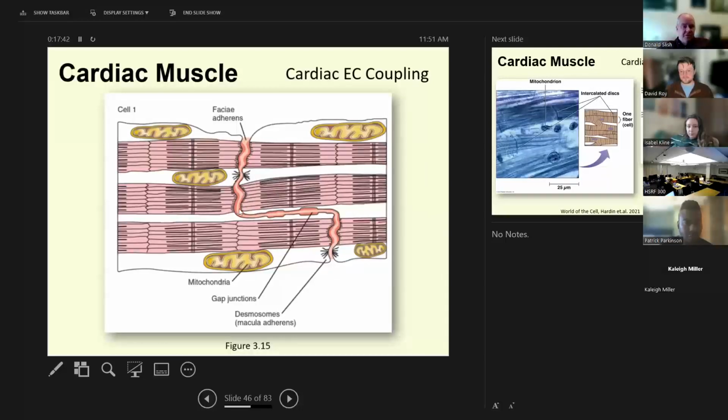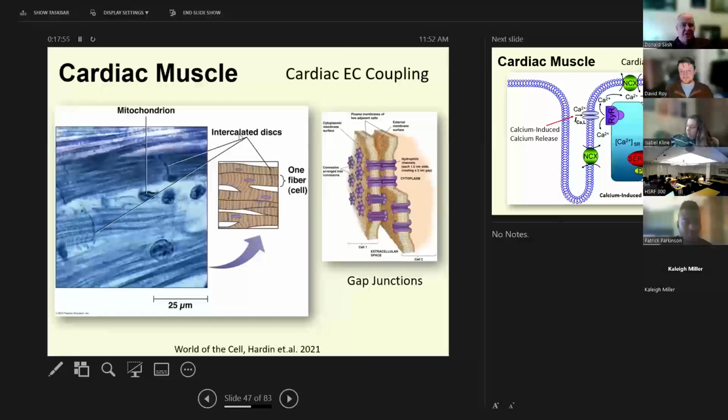So they're attached to each other by these connections. Desmosomes are also connections between cells. So the desmosomes are more structural connection, and then your intercalated discs have got these gap junctions that are part of them. And the gap junctions then are basically ion channels between cells.